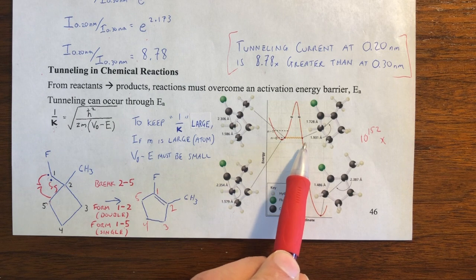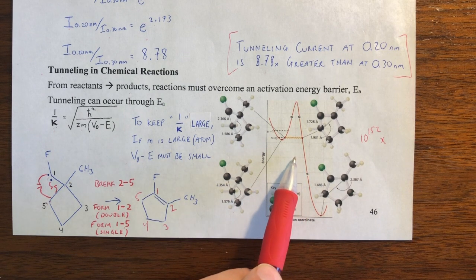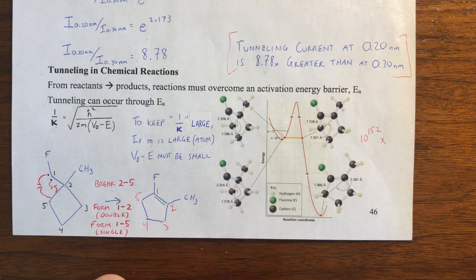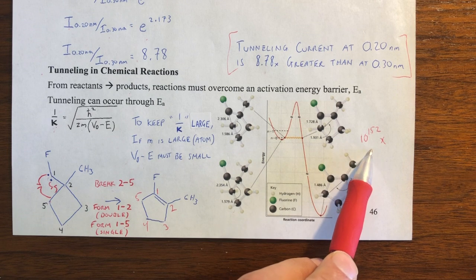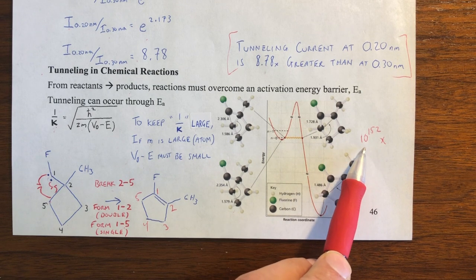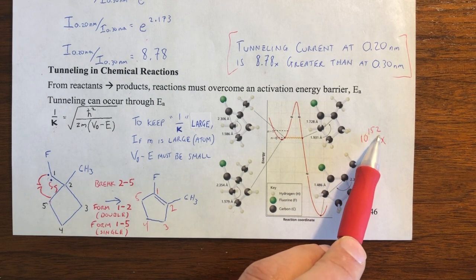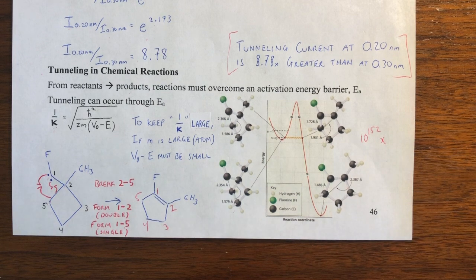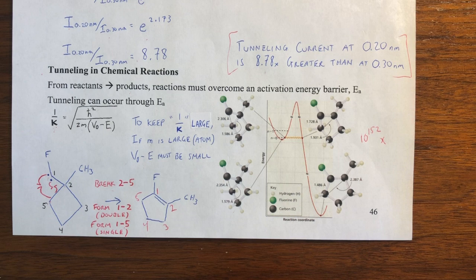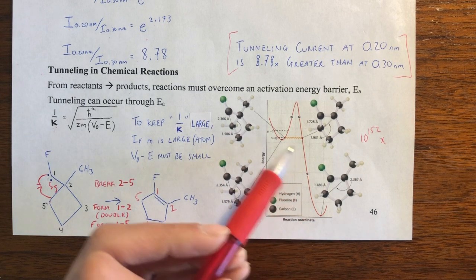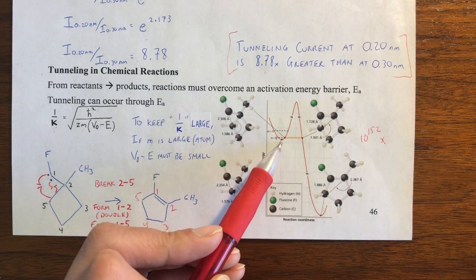And a certain amount of thermal energy allows people to predict a certain amount of time for this reaction to take place. Turns out the actual reaction is 10 raised to the 152 times faster than it's supposed to be. So based on the predicted values of how this reaction should go, this is astonishingly fast.